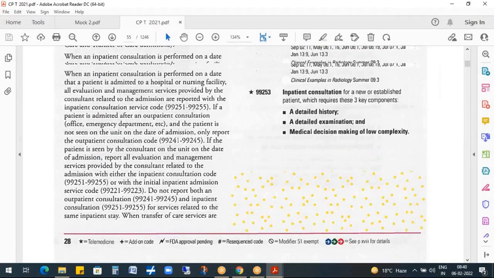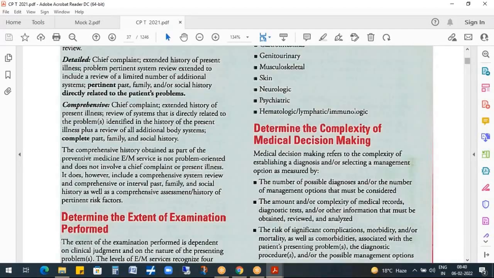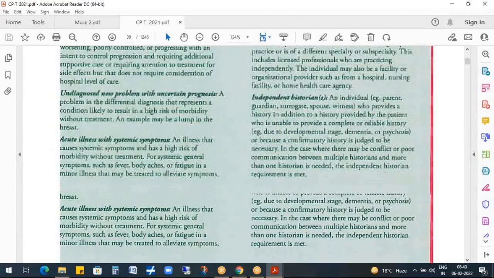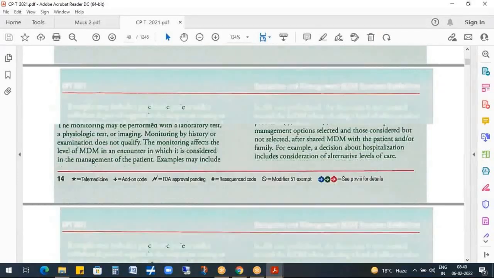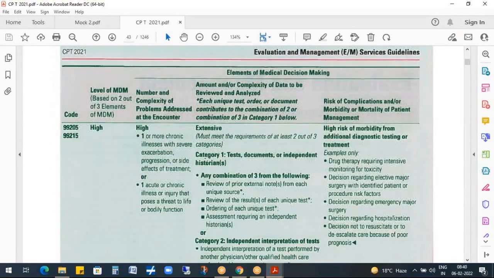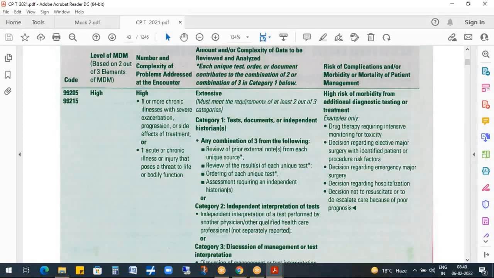Page number 16, sir. You can see the table here. First, don't look at this third column. Try to focus initially on number of diagnosis and management options. Understood, everyone?